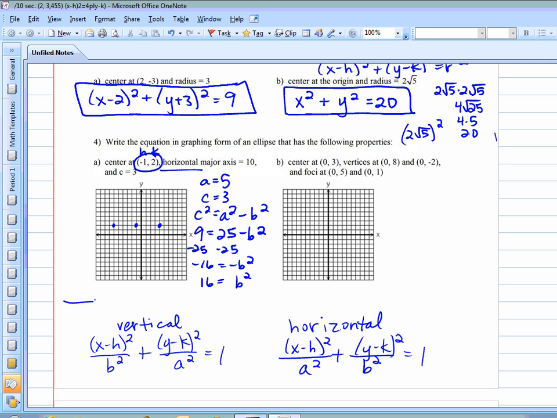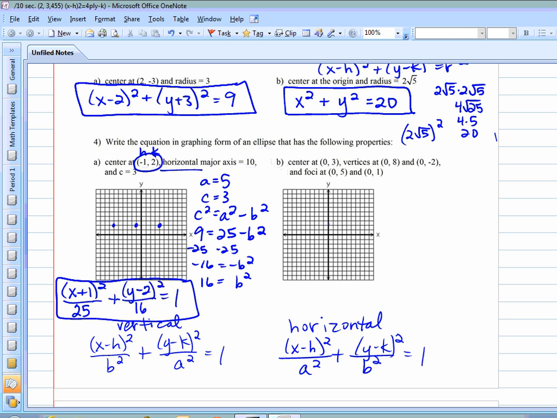So we're going to write our answer. That's a fraction plus a fraction equals 1. The center is going to be (x plus 1) squared, (y minus 2) squared for my h and k. Because it's horizontal, our a squared is going to be under the x, and the b squared is going to be under the y.